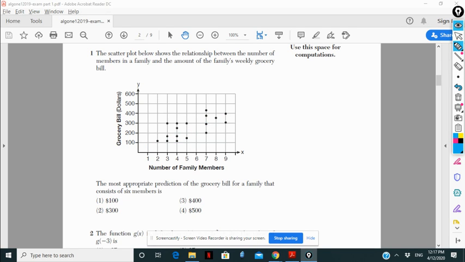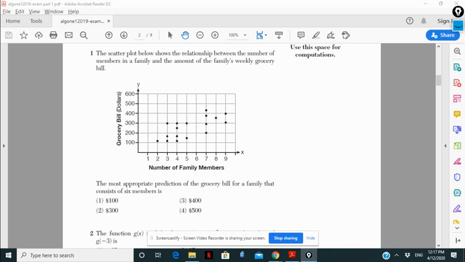We need to make a little more of it, so like this one. So I have a regular distribution. So the best estimation is going to be 300, and that's going to be number 2. Here I have to draw the best fit line, and I should have a regular distribution of points up and down, and it's giving me around 300.